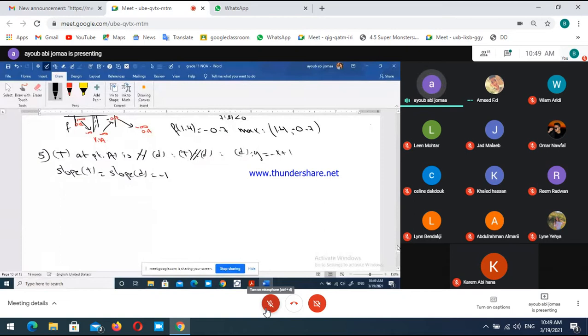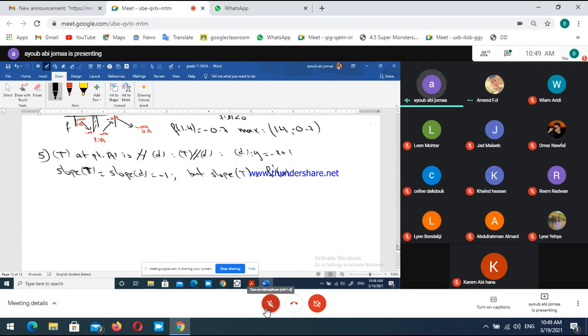So f prime of x equals minus 1, the derivative. The slope of the tangent line T is equal to f prime at a.